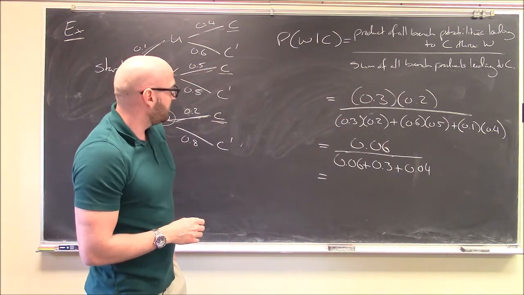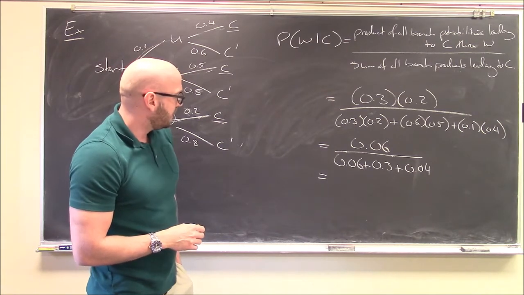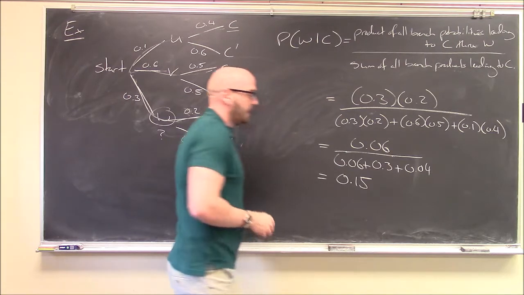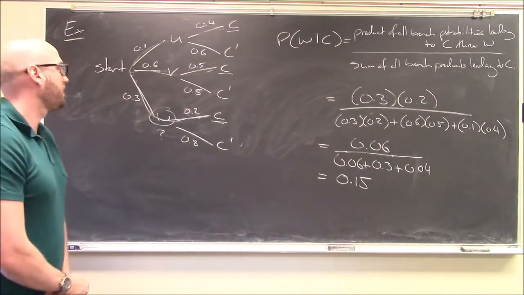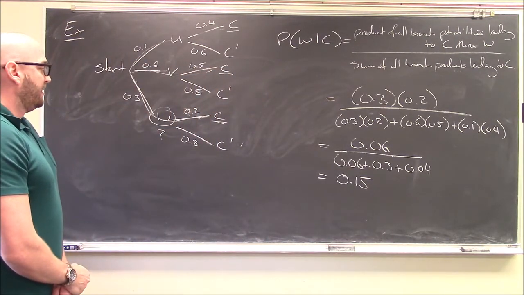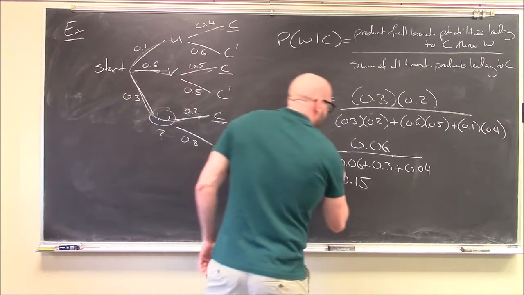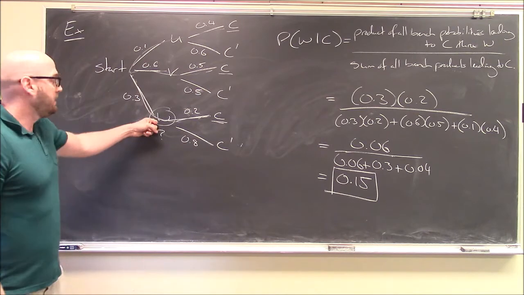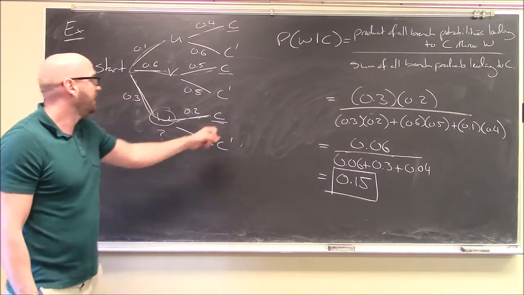That's 0.06 over 0.4. You can plug this into a calculator if you want, but it's 0.15. So there's our answer. There's the probability of W occurring given that C occurred.